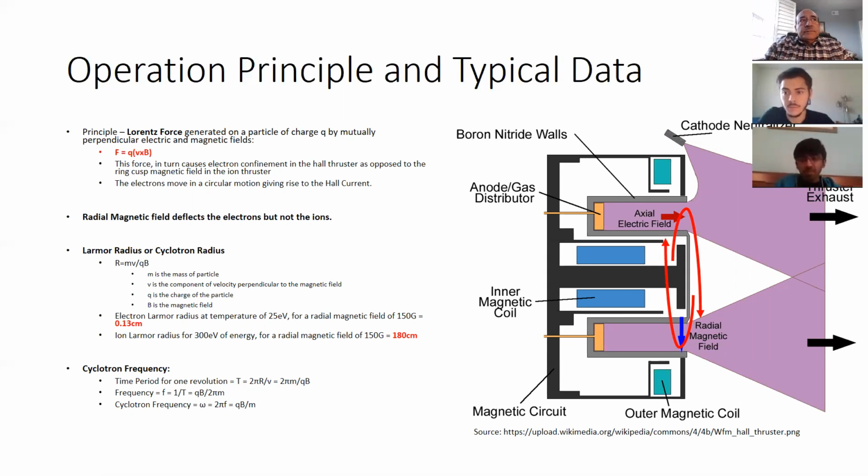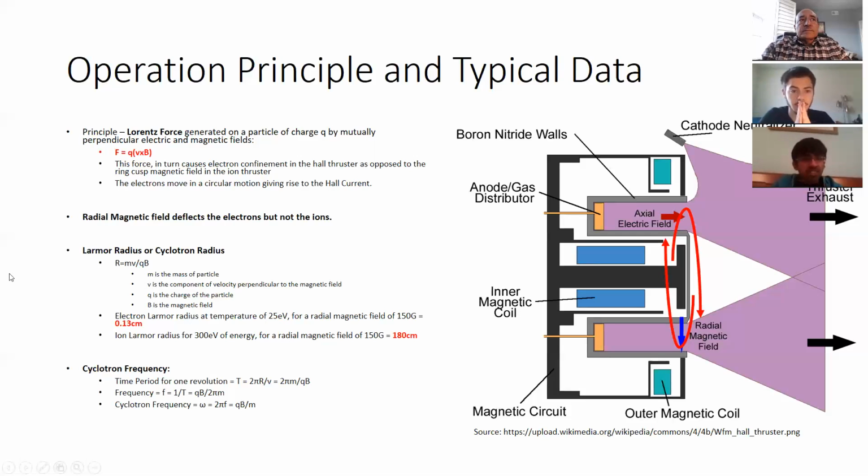The electrons might go round and round in a circular pattern. That's important to note, because over the process of computing the power, we will need to compute the Larmor radius with which these electrons move around.